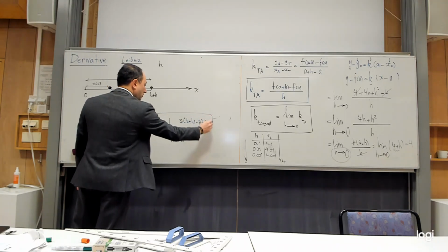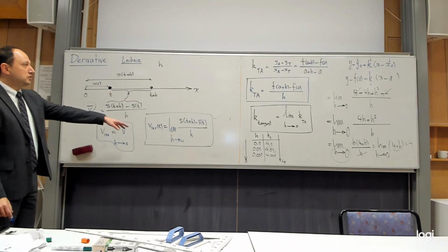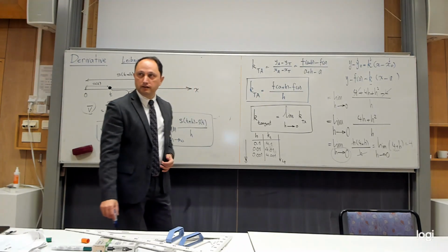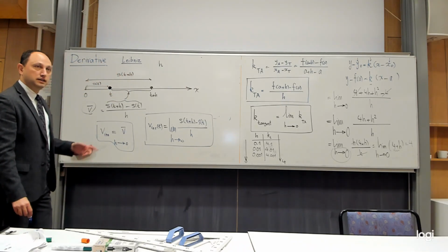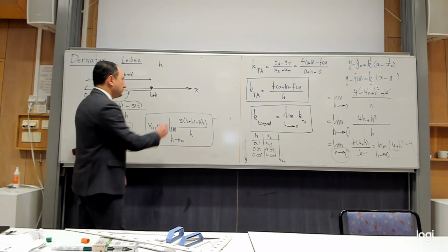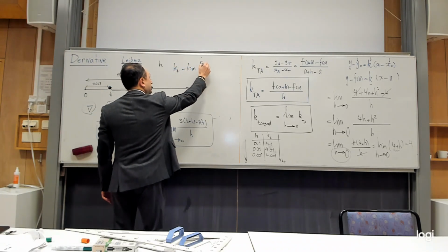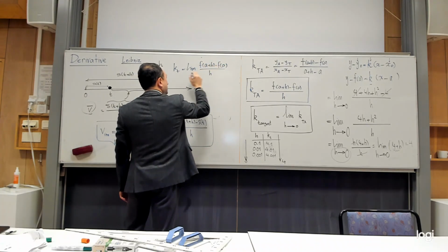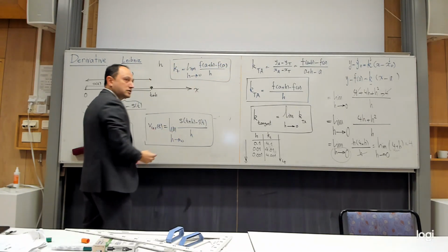I think all of you agree with me that this is very similar to the Leibniz formula for the k value. Is that clear? So the only difference is that if I want to write the Leibniz formula, we had it like this. Yes? But you see, the structures are exactly similar.